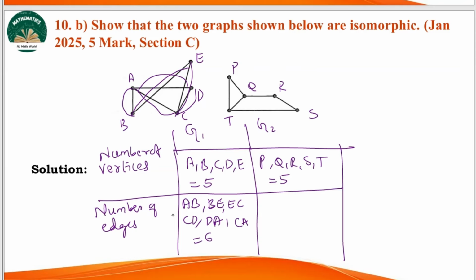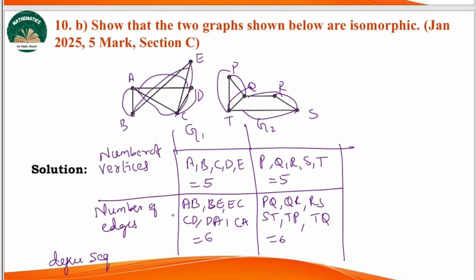Here we'll see P to Q, then Q to R, then R to S, then S to T, then T to P, then T to Q. So even here we have 6. Now we'll find the degree sequence.